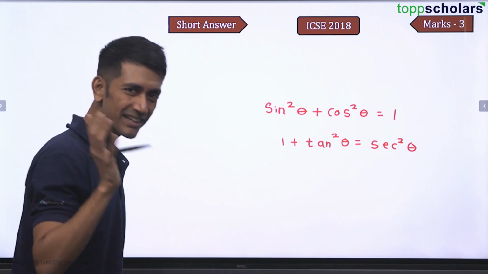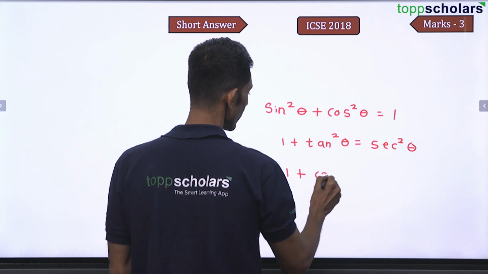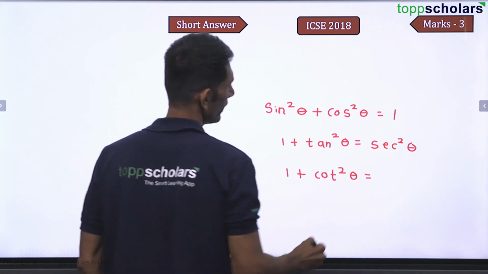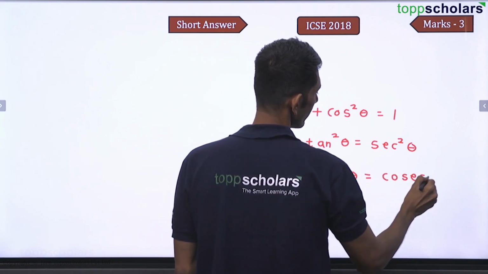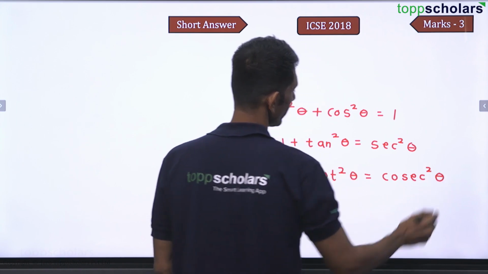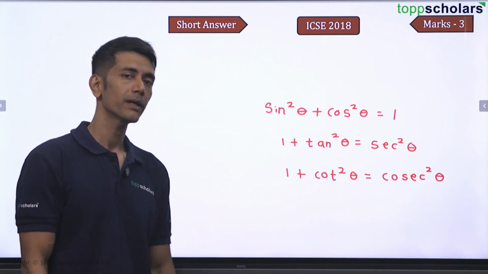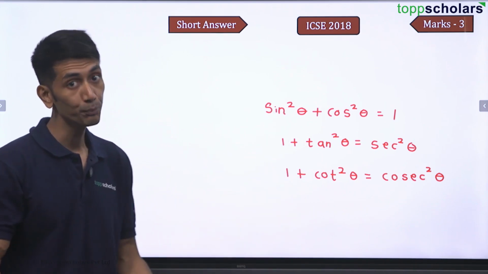That is the second identity. And the third identity is 1 plus cot square theta is equal to cosec square theta, right? So these are the three very important identities for this particular chapter. And we are going to use these identities to solve the problems, also to prove them.